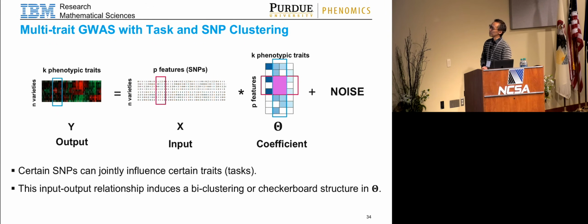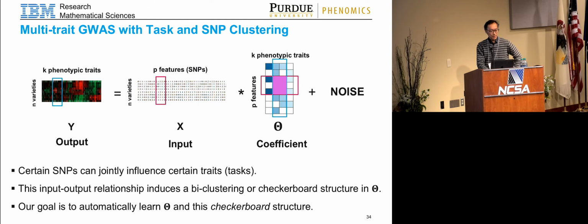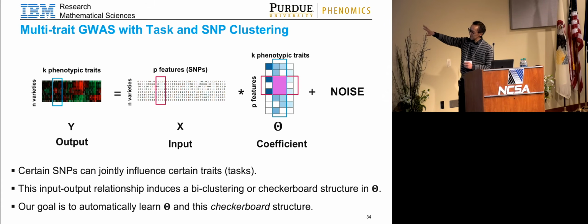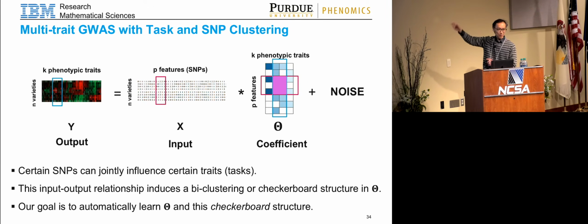So this would take advantage of similarities that exist among phenotypes, as well as relationships that exist among the SNPs to better estimate this GWAS relationship. And we want to do this automatically. So the theta coefficient matrix would have this checkerboard-like structure where the clusters are discovered on both rows and columns.